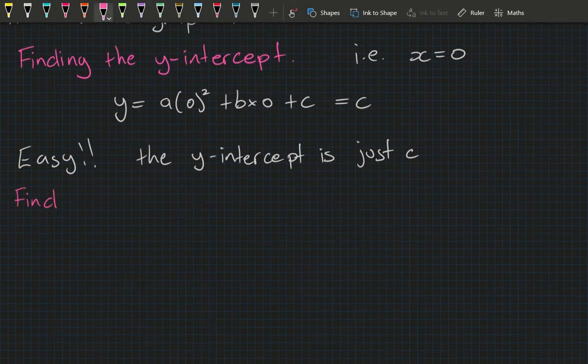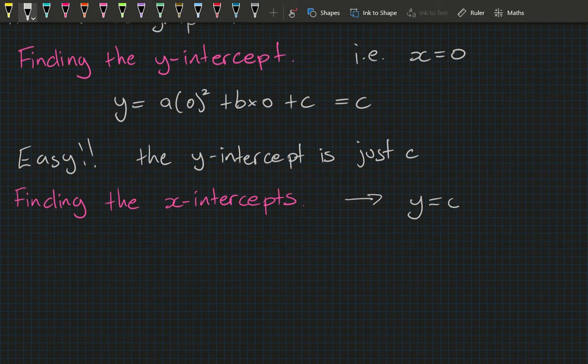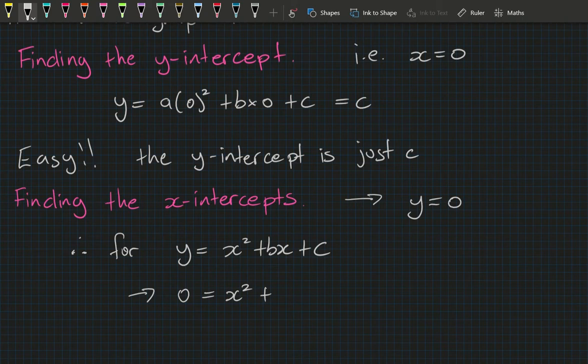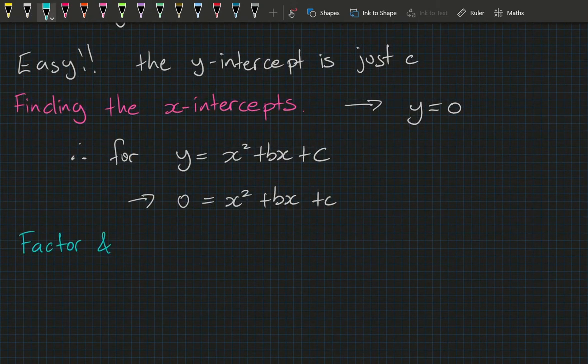The next step is to find the x-intercepts, which is just where y equals 0, as is the case with any graph. So for y equal to x squared plus bx plus c, if y is equal to 0, then 0 is going to equal x squared plus bx plus c. And to find these zeros, just like we did in the quadratic part of this unit, we're going to factor and solve.